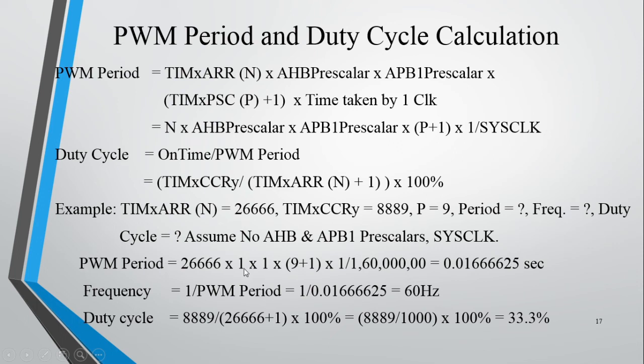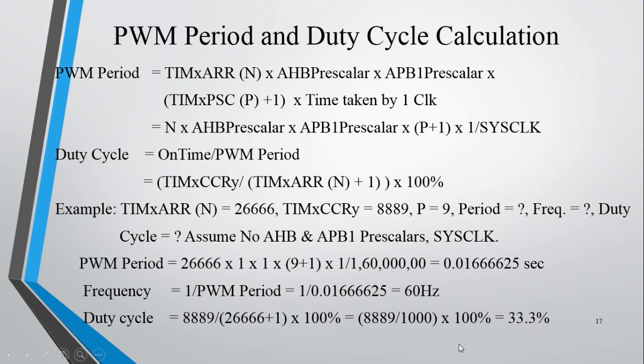You will configure the prescalars as 1, 1, and for the time being you can give the timer prescalar as say 9 or 10. After substituting all these values, there will be only one unknown, the timer ARR, that is this value. So when you substitute the time period of whatever Hertz PWM you need to generate, you can find out the value of ARR.